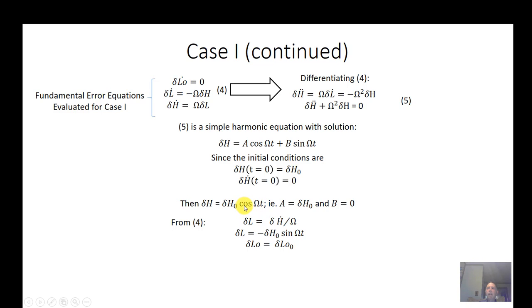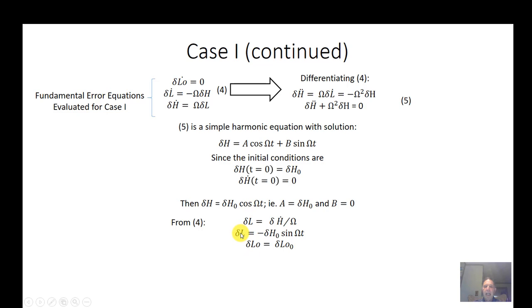That is a cosine function with a period approximately equal to 2 pi over omega, or approximately a diurnal period, which is slightly shorter than 24 hours because inertial rate is 15.04 degrees per hour as opposed to 15 degrees per hour. So it's approximately a period of 23 hours and 56 minutes.